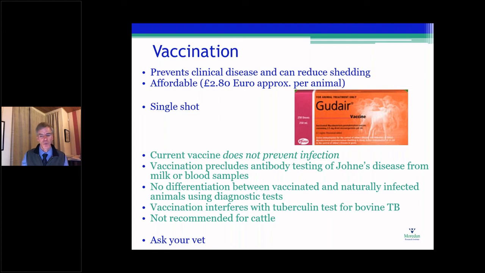The other thing is we say that it's best not to use in cattle because the bovine TB bacteria is very, very similar to this MAP, and so by vaccinating a cow, then the bovine TB test might come up as a false positive, and that's not recommended. So we don't obviously recommend it for cattle.